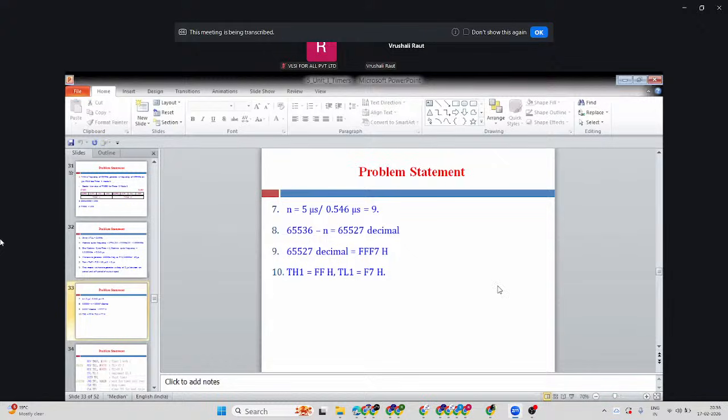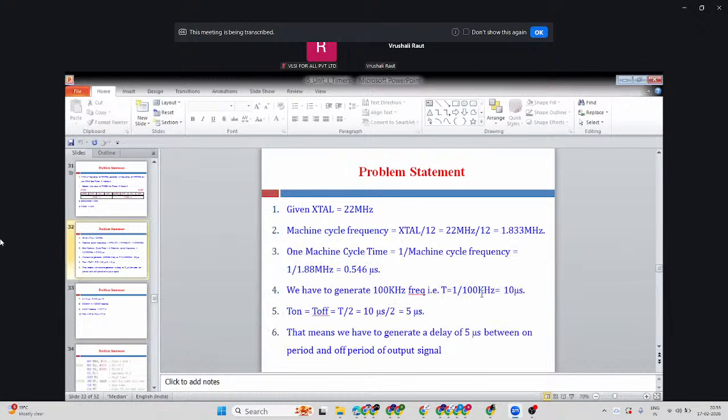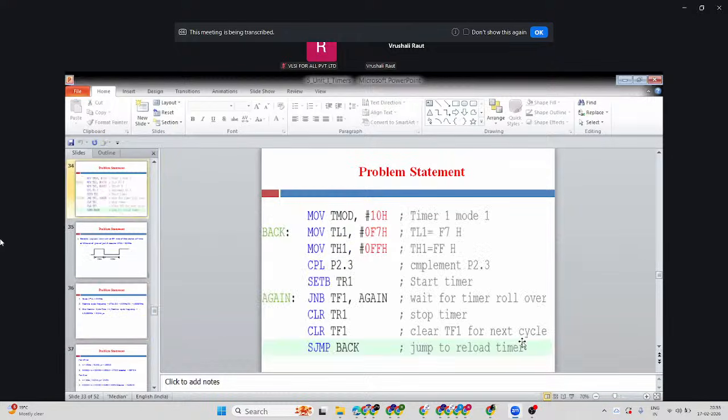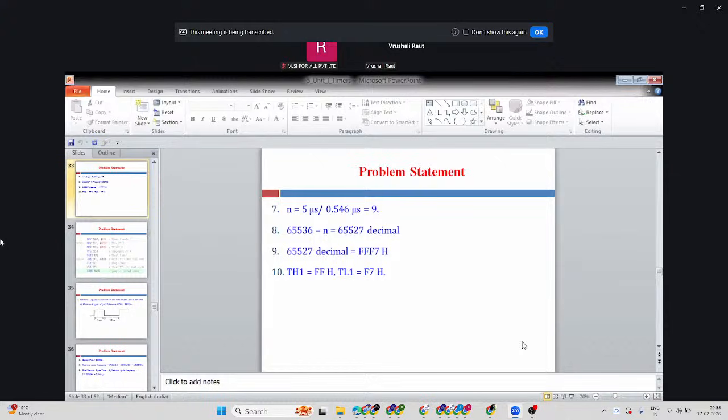After that, the pin will go low. It was high, giving you the half part of this 100 kilohertz. Then it will go low and remain low for again 5 microsecond, giving you the remaining half cycle of that frequency. That is how we are solving the problem.